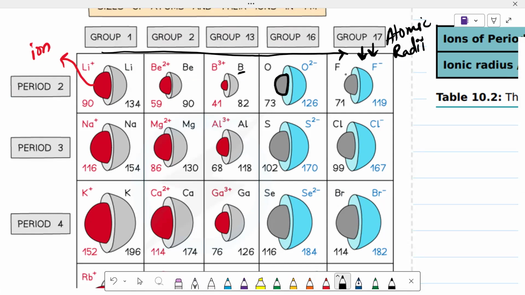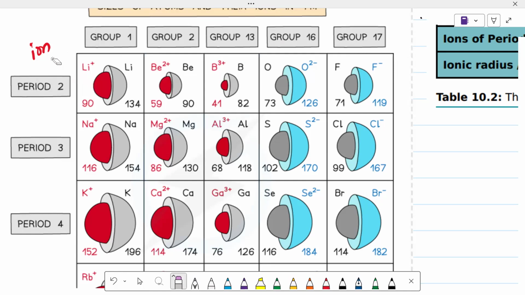Now, when we talk about the ionic radii in this diagram, the red ions are much smaller than the atoms. The ionic radii is decreased. Why is this so? There are two reasons.